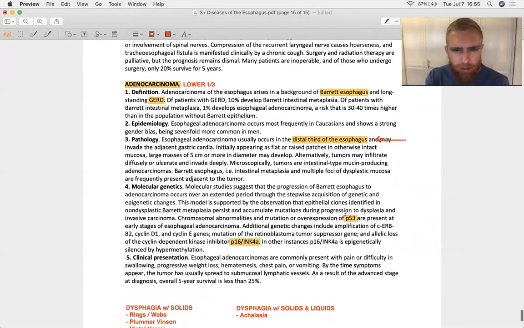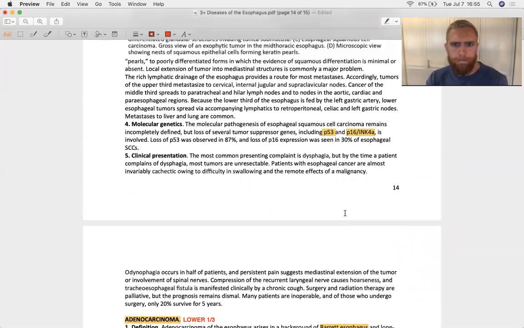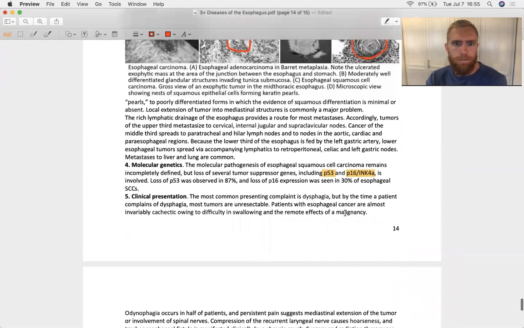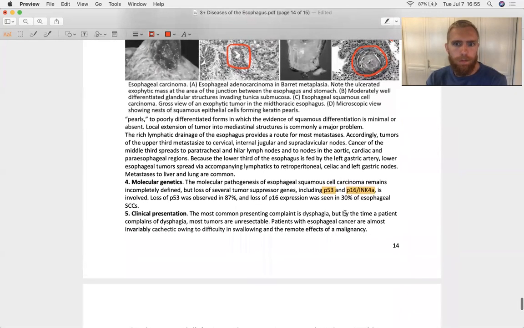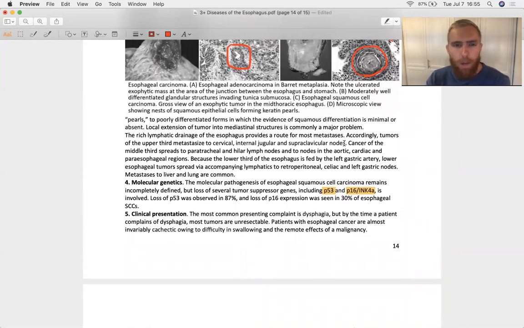Give this one more scan to make sure I'm reading it right. Tumors of the upper third of the esophagus metastasize to cervical lymph nodes, supraclavicular lymph nodes. Cancers of the lower third metastasize to retroperitoneal, celiac, left gastric nodes.